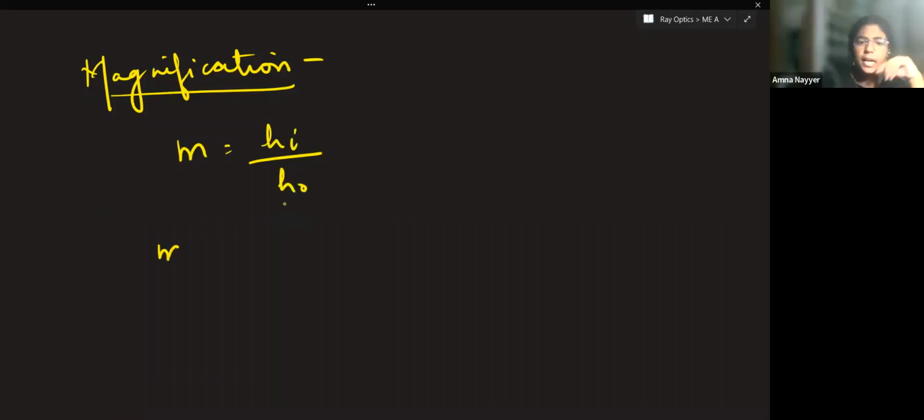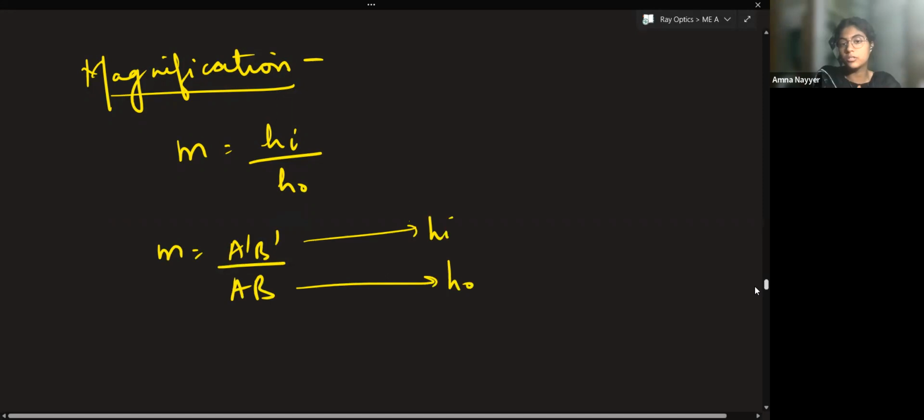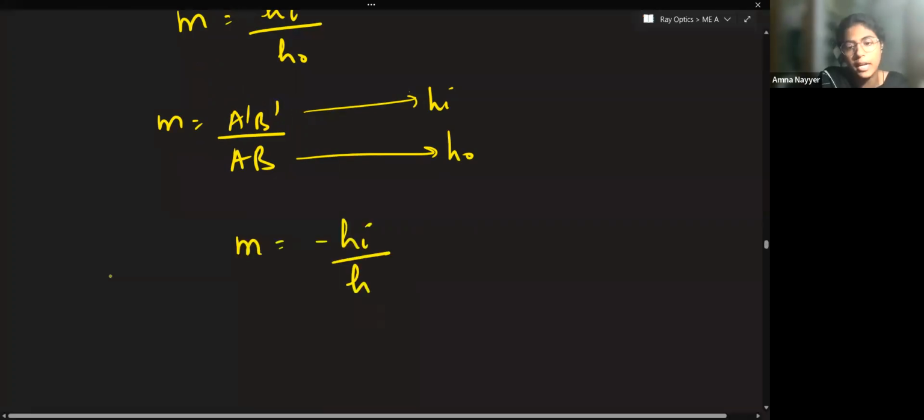So even if you write height of image was A dash B dash and height of object was AB, this is magnification. One more thing, a negative sign also will come because this is an inverted image. So you will write magnification's formula as minus height of image by height of object.